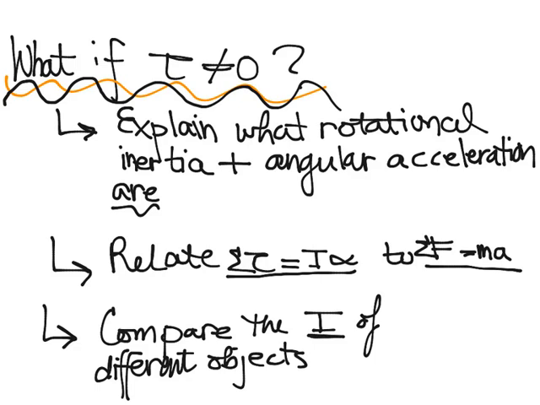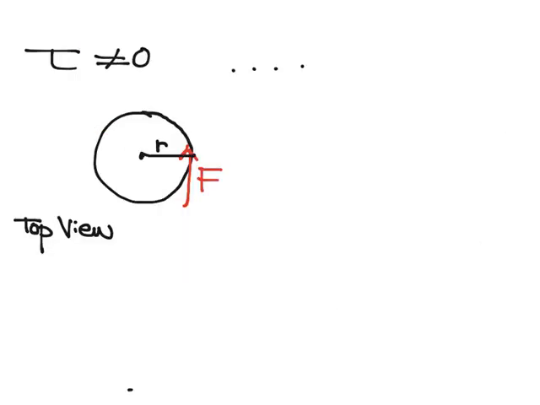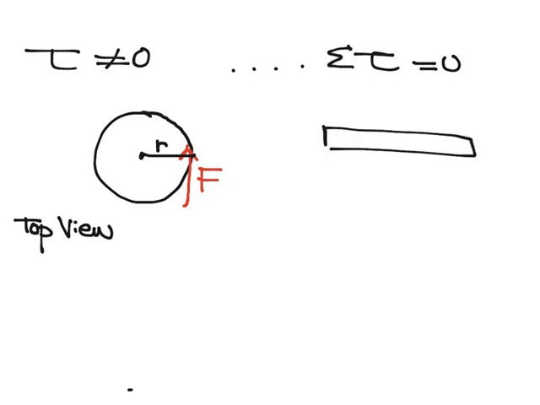of different objects. So far we've just been taking into account situations where all the torque is equal to 0. So let's say we had our meter stick from our meter stick lab, and we have a certain amount of torque from the meter stick from mg, and a certain amount of torque from a mass hanging off of the meter stick, and we add both of those and we get 0.